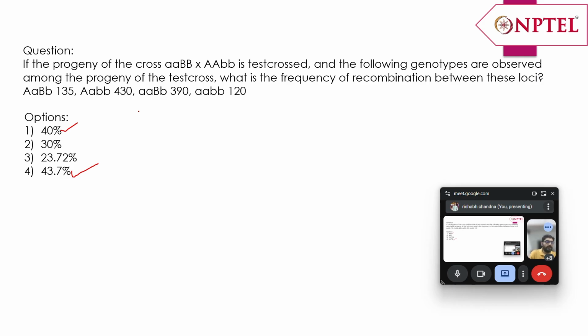Okay, so to solve this kind of question, first we have to check what the total number of offsprings is. Okay, so the total number comes out to be 1075, if I am not wrong.